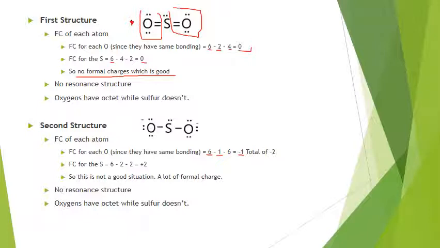So it has a -1 here, -1 here, and the sulfur has a +2. This is not a very good situation, because there's too much formal charge around. Nature doesn't like to have separation of charges. It likes to have equal charges if possible. There's no resonance structure, and the oxygens have octets, but the sulfur doesn't.